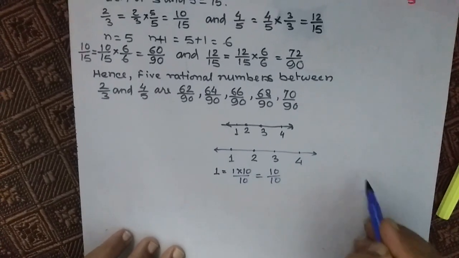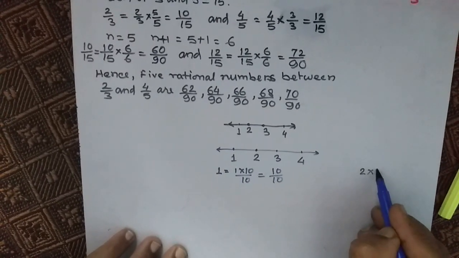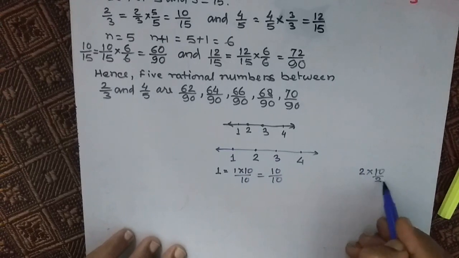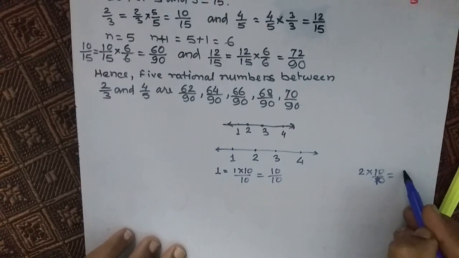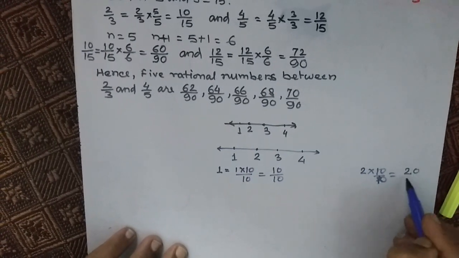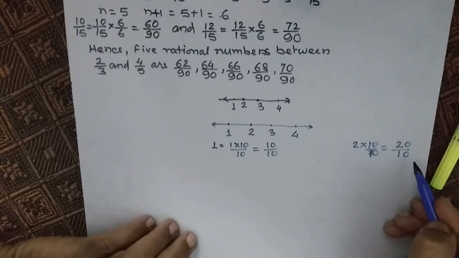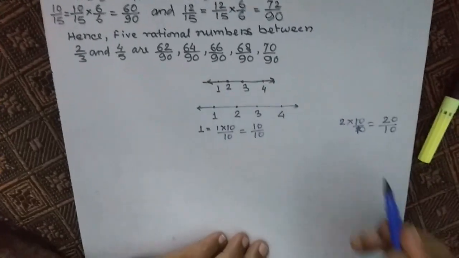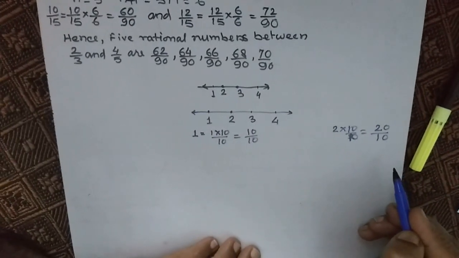And another number you have, 2, multiply 2 by 10 and divide by 10. It is equal to 20 by 10. In between these two you can take many numbers.